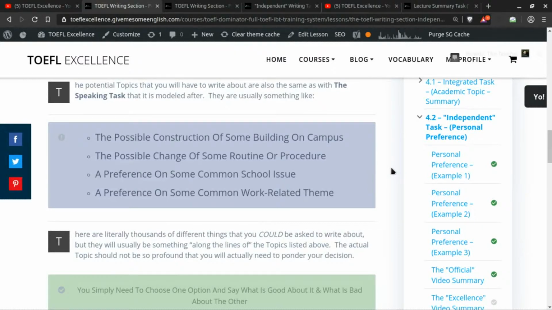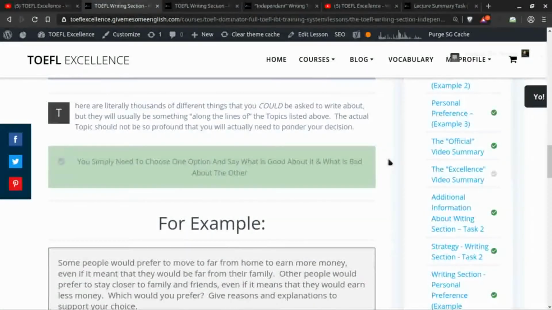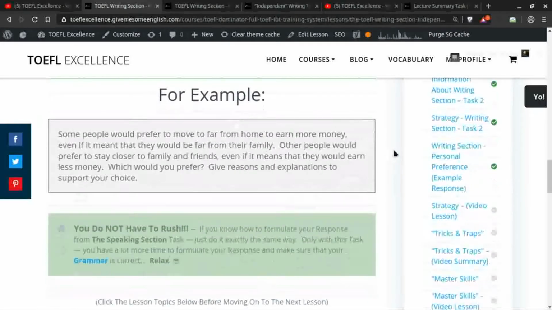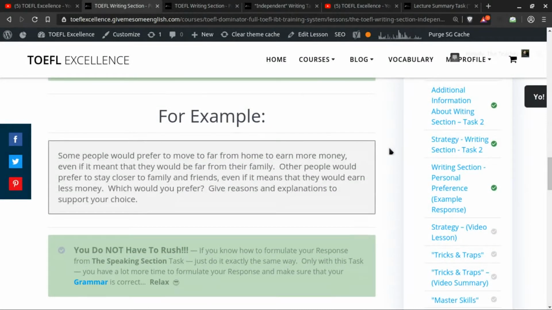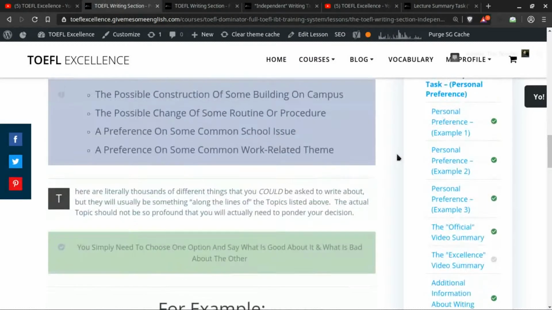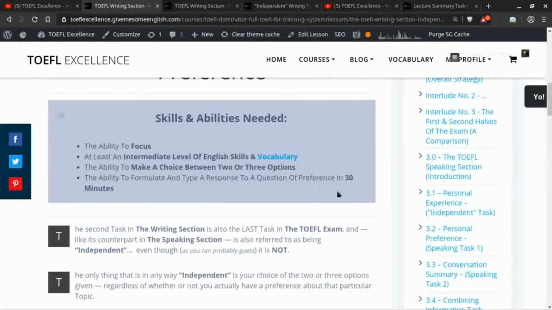And then after you get the basic structure of your response written, spend the extra time going back and making sure that you're using good sentence structure and good grammar, and make sure that your response is of the right length. But really, once you know how to do this and once you practice this, you should have a lot of time left over to just sit there and relax. I don't know if you can leave early with the TOEFL exam, but like I said, once you know how to do the structure, this 30 minutes is going to be more than enough time.